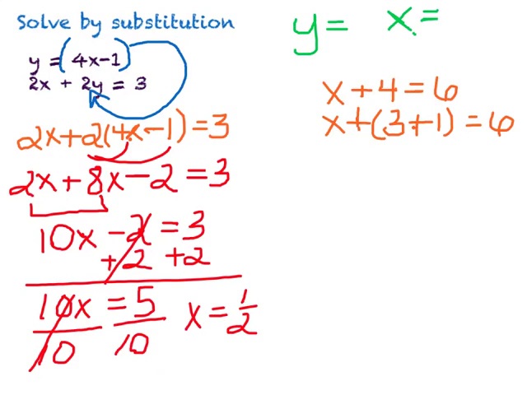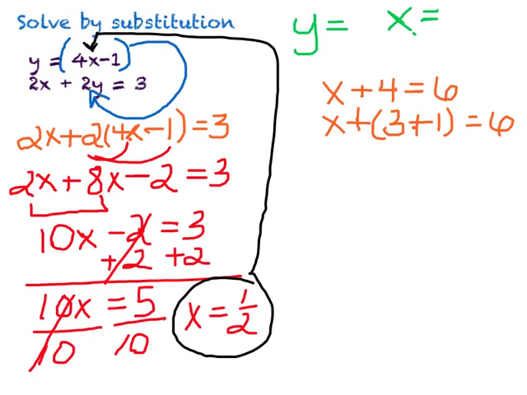Now, to solve for y, I'm going to take that 1/2, and I'm going to plug it in for x in one of my equations. So I think I'll just do that to the first one. You can pick either one, it doesn't matter. So now I have y equals, instead of 4 times x, it's going to be 4 times 1/2 minus 1.